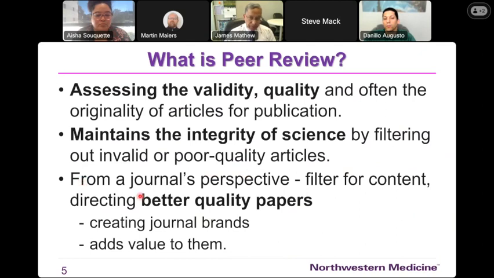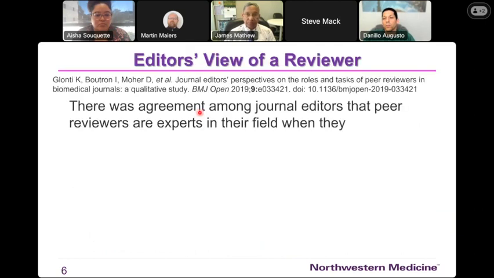From a journal's perspective, filtering out content and directing better quality papers creates a journal brand, for example, Science, Nature, Human Immunology, whatever. So it creates a brand, and the review process adds value to them. So review is very essential from the perspective of the journal.